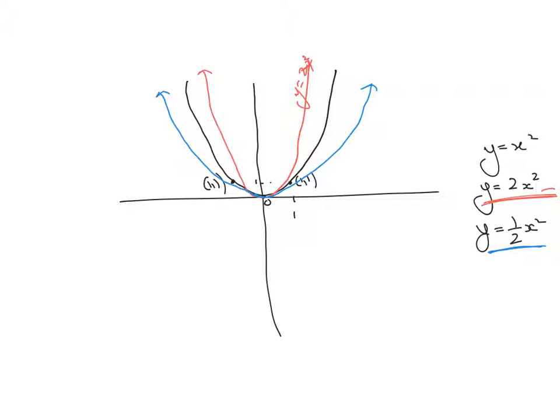Just the reverse happens if it's a negative. Now, the other thing you need to be aware of is as soon as I add in, for example, y equals 2x squared but then put in minus 3, it is the same width as the red one, but it now crosses at minus 3 because that has a minus 3 on it.